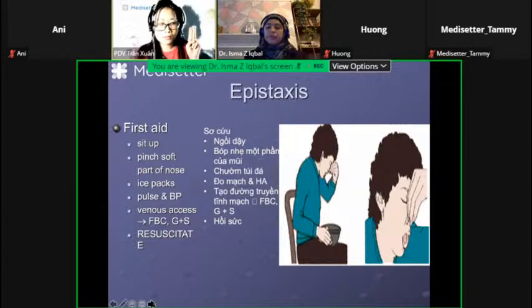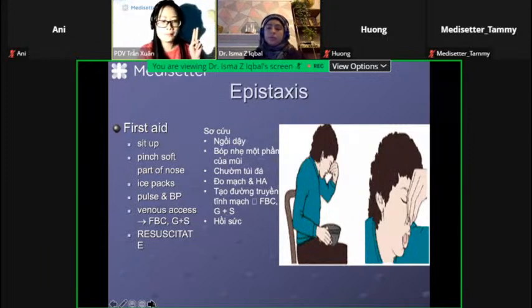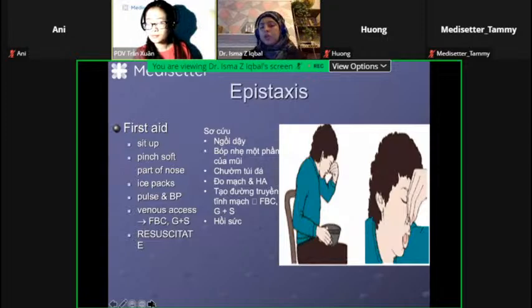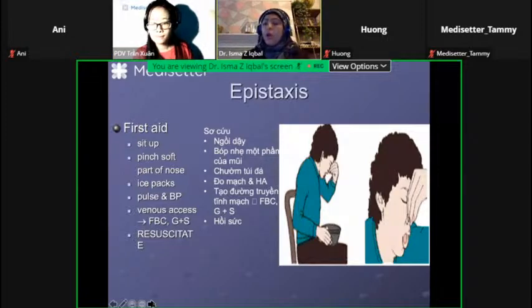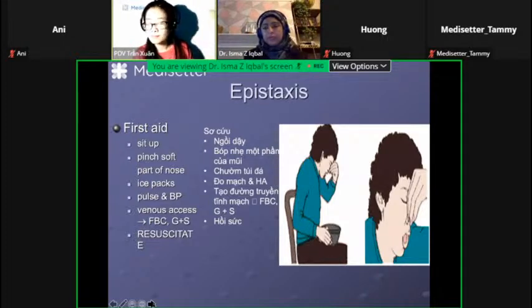It's also important to ask the patient if they have any bleeding disorders or if they're on any blood thinning medication at this point.